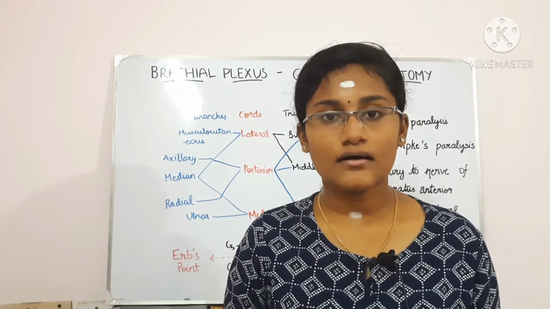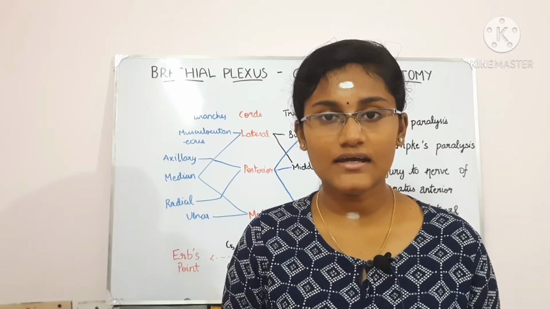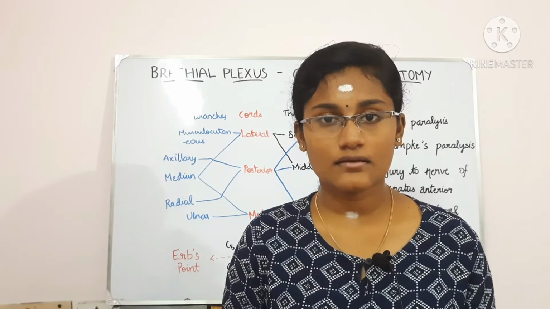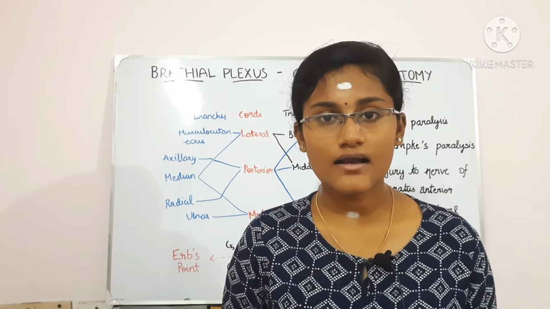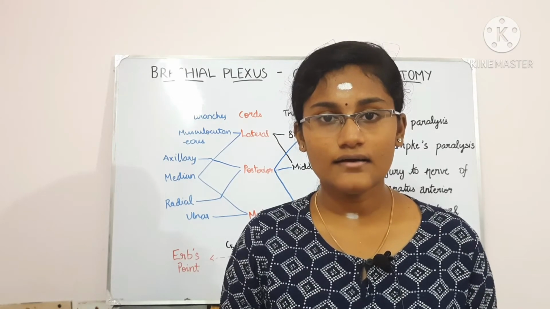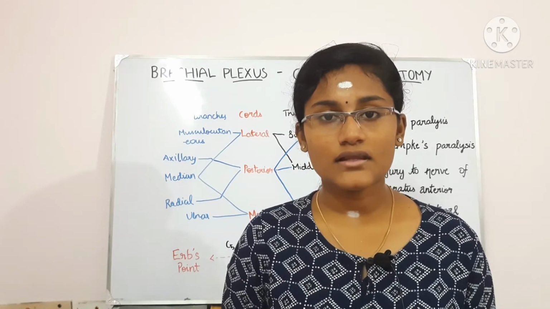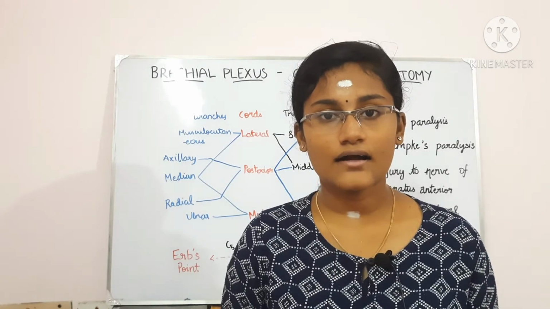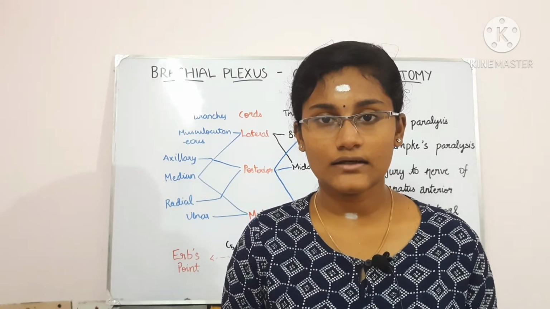Okay, and the main nerves that are affected here are from the root of C5, and partly the root of C6 is also affected, and the muscles that are affected mainly are brachialis, brachioradialis, deltoid and the biceps. Okay, and the muscles that are partly affected here are the supraspinatus, infraspinatus and supinator.